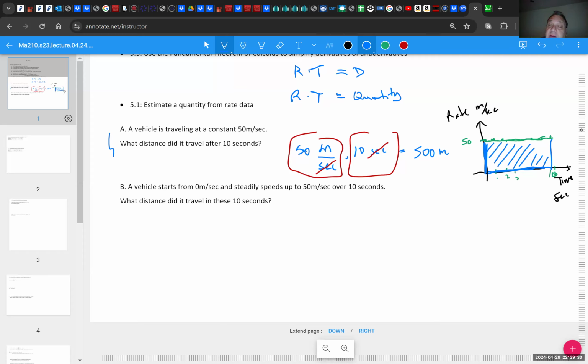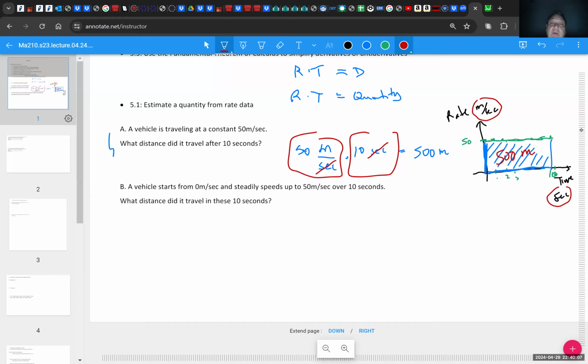So you find this area: 50 times 10 is 500 meters. We're usually thinking of the units of area as square meters, but that's just a physical dimension, like meters times meters. Here, we have meters per second times seconds, so our area is actually measuring a quantity of meters, 500 meters, the distance, in fact.